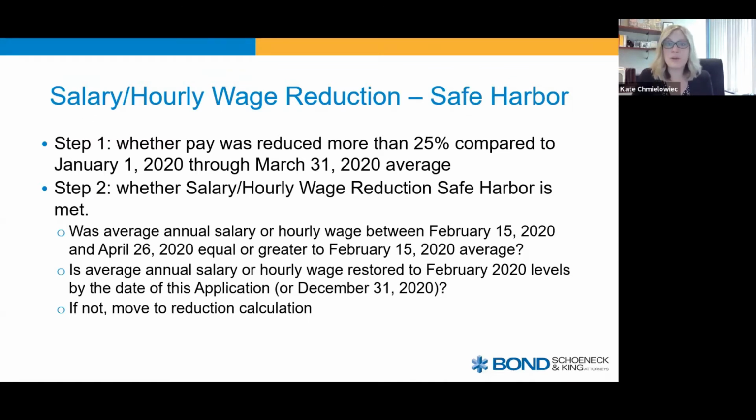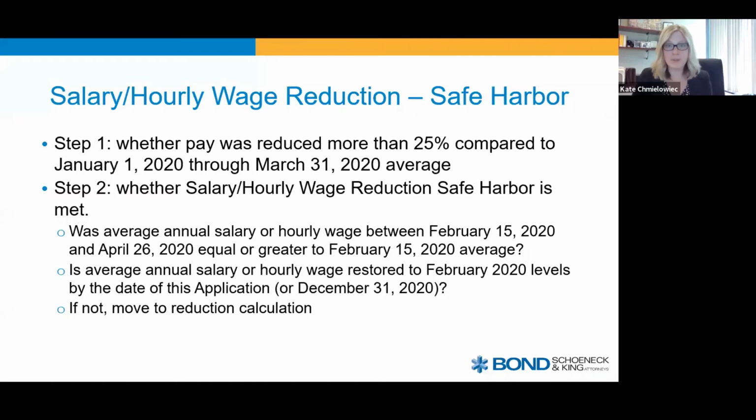If not, the safe harbor has not been met and you would have to move to the reduction calculation. So for this employee, their January through March average salary was $80,000, and they were cut to $56,000, which was more than 25%.